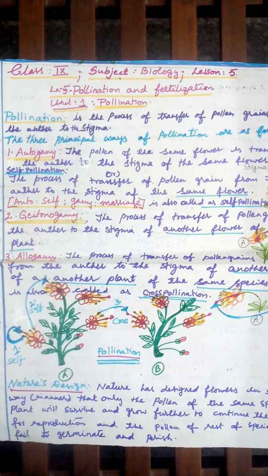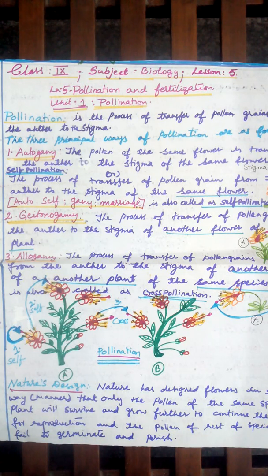Now you are going to learn all the 3 kinds definitions together. First one is autogamy or self-pollination. The process of transfer of pollen grain from the anther to the stigma of the same flower is self-pollination.